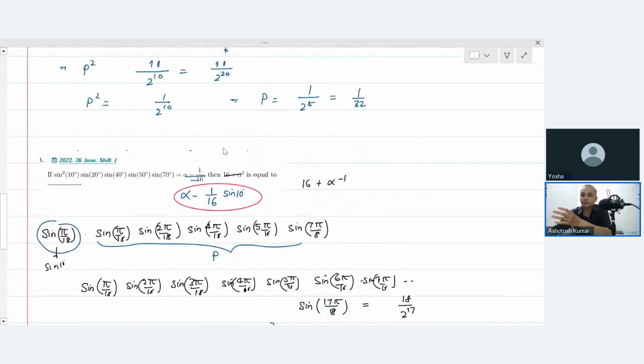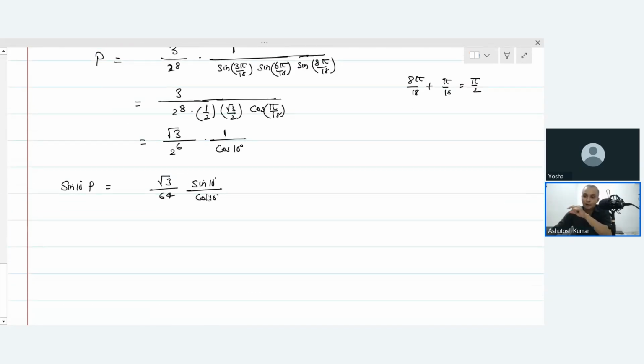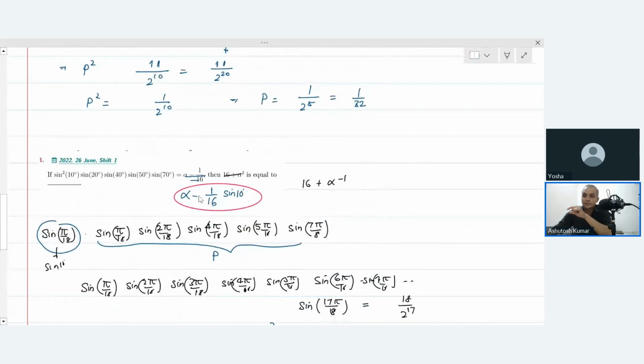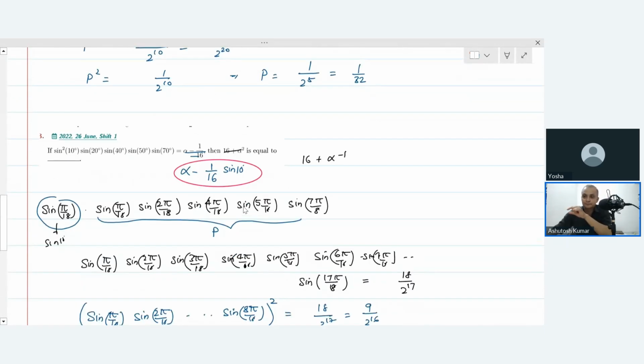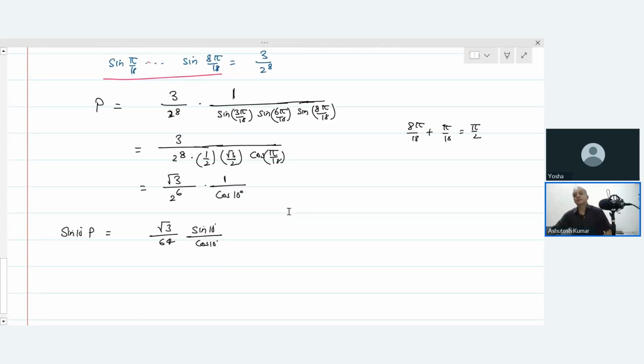And after substituting the correct value of alpha, they create new options for you. But the challenge for us here is how do we convert this thing into the difference of this thing, which is alpha minus 1 by 16 sine to the power 10. You are getting my point? Yes. So let's convert it.